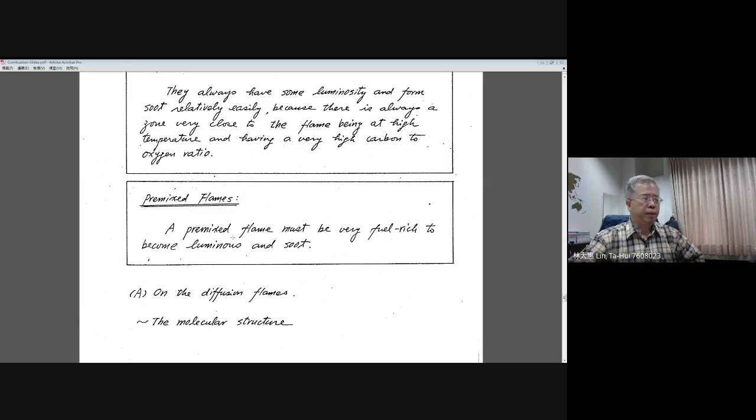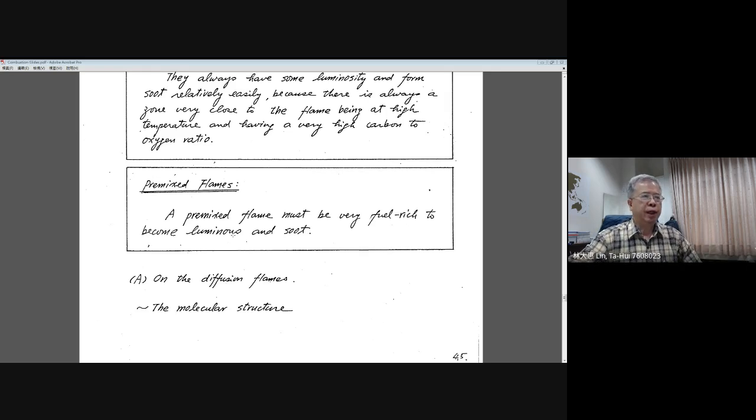Okay, now we separately discuss certain controlling factors for diffusion flame and premixed flame. Let's first look at diffusion flames. Molecular structure is one of the important factors you need to consider.